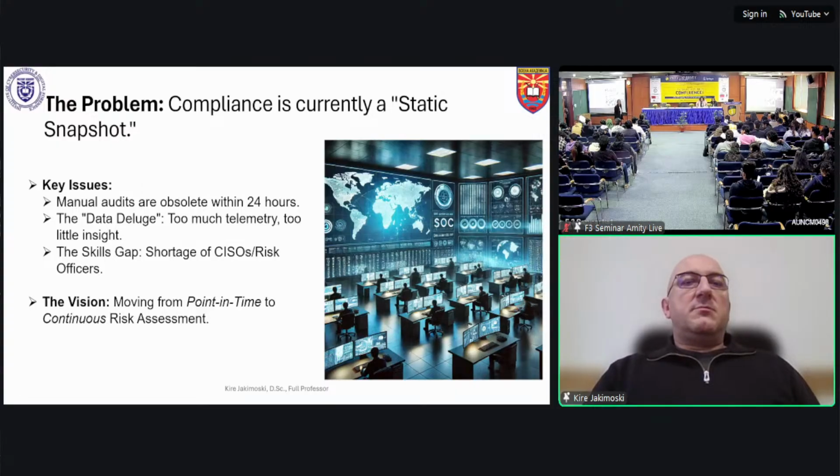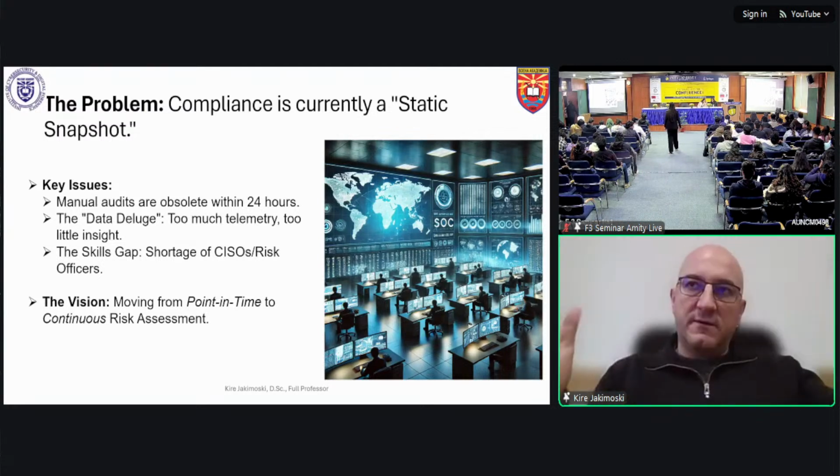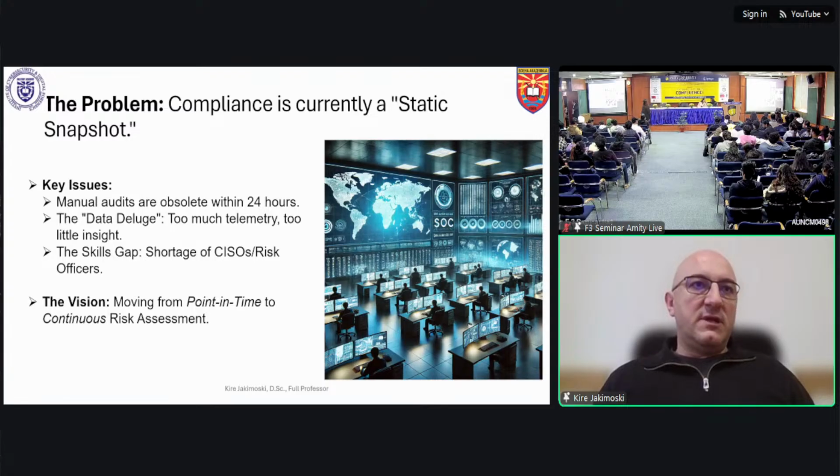A very good point for taking the data is firewalls, because they are protecting the whole perimeter of the networks, and they have a lot of telemetry. But if we don't have the whole picture covering the risks that could exist, we have little insight.